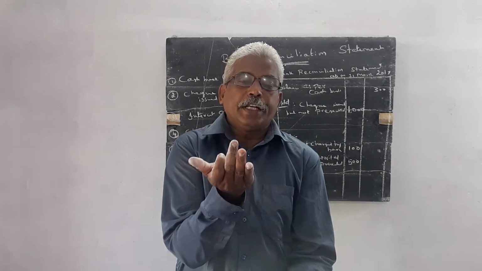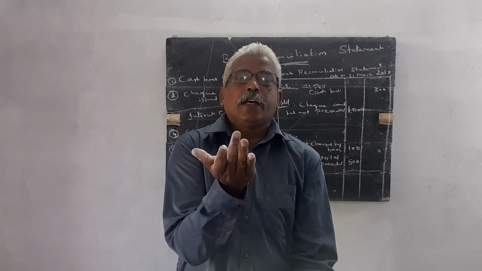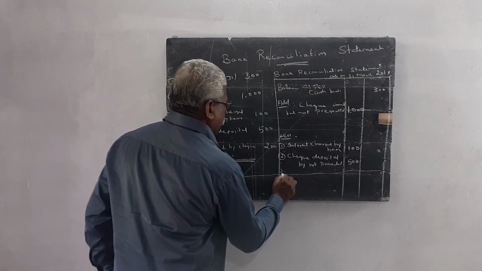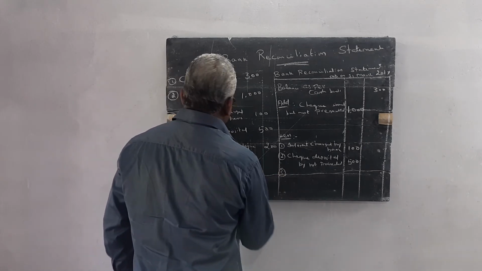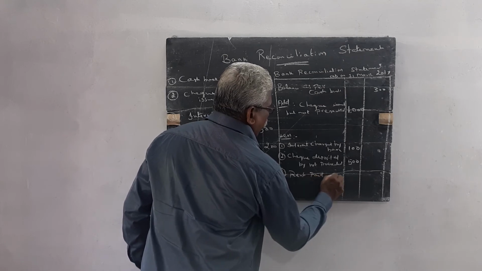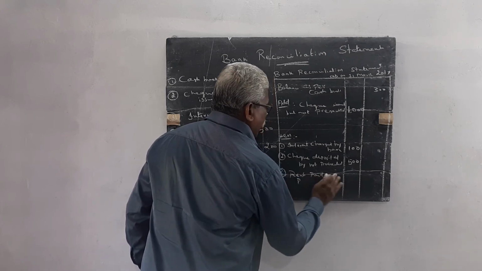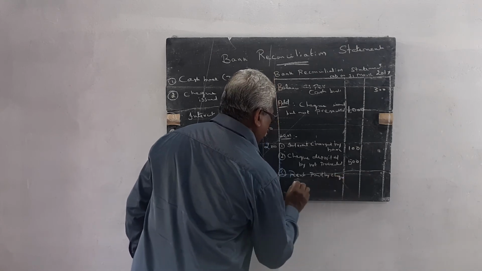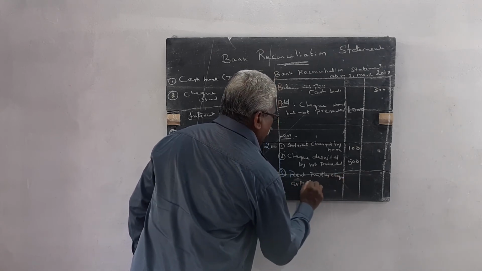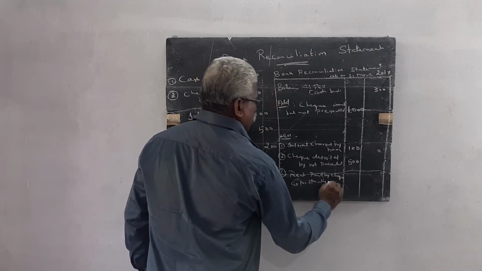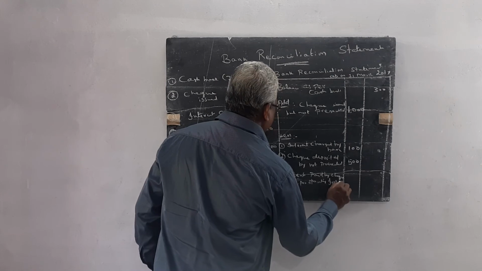So passbook value decreases. Cash book shows high value. So we have to subtract it. Point number 3, rent paid by check as per standing instruction. Already we gave an instruction to the bank. Standing instruction 200.